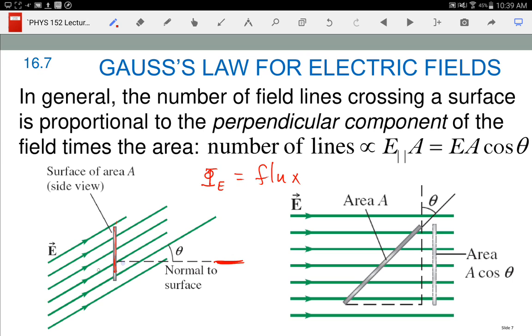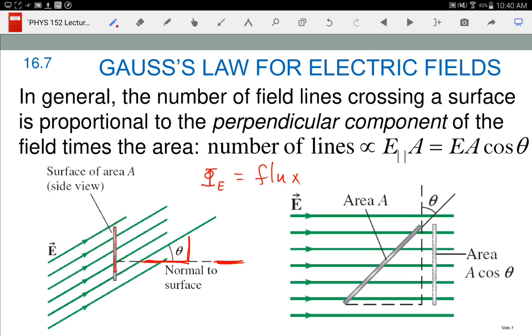So if we take the component of the electric field that is parallel to the normal, then that is going to be E times A cosine theta. The area multiplied by the electric field strength multiplied by cosine of the angle between the normal to the area and the electric field. That calculates the flux through a surface.